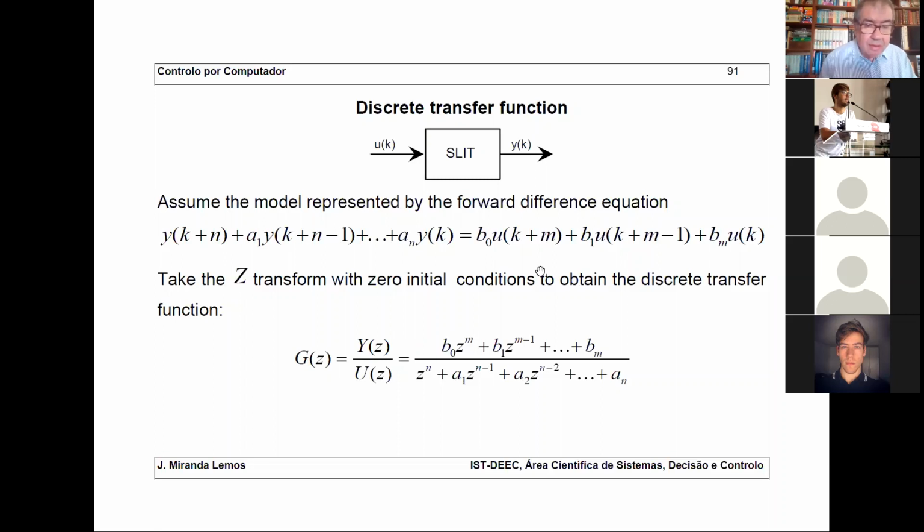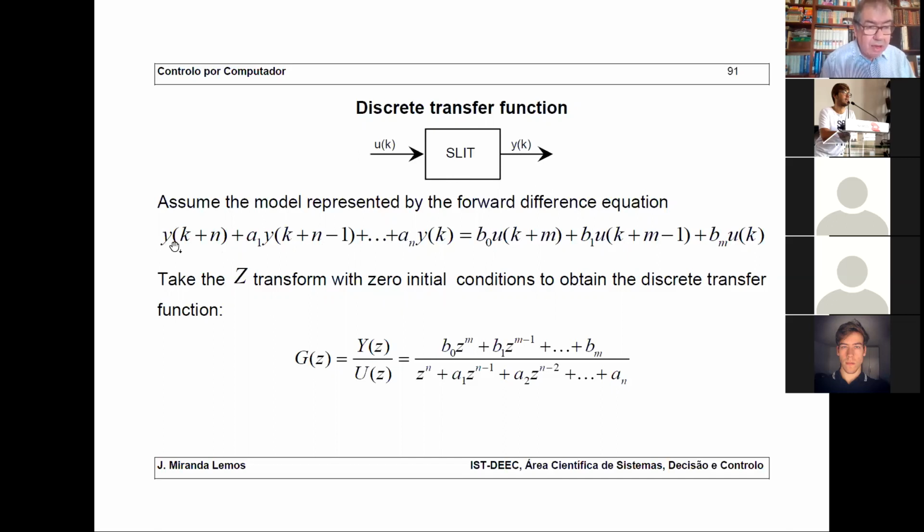Suppose that you have a linear time invariant system with input u and output y, described by this difference equation. Now you apply the z-transform with 0 initial conditions. It's important that you apply it with 0 initial conditions.